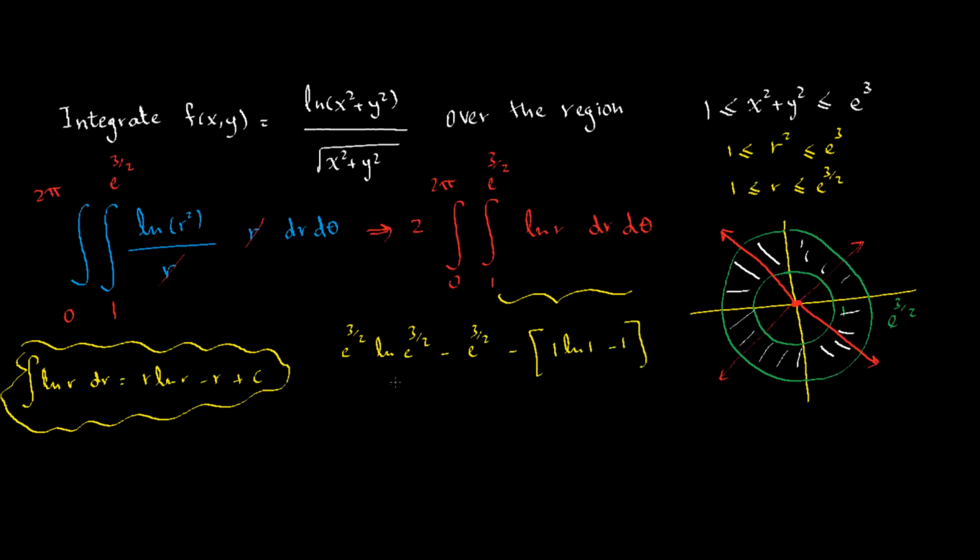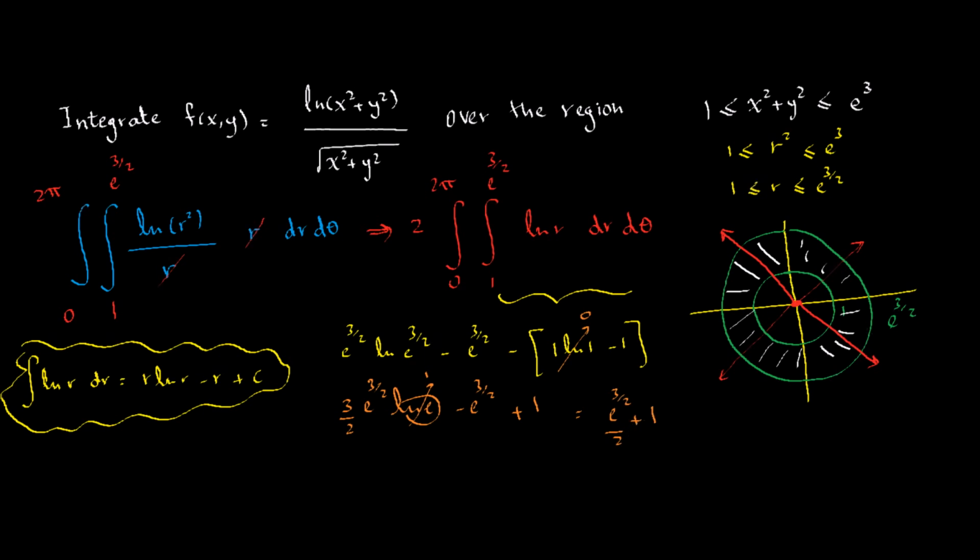So if we simplify this, of course we can take this e to the power 3 over 2 and rewrite it as 3 over 2, e to the power 3 over 2, natural log of e, minus e to the power 3 over 2, minus, of course natural log of 1 is equal to 0, and we have minus negative 1, which is positive 1. And the natural log of e is also equal to 1. So we have 3 over 2 minus 1. So we end up with 1 half e to the power 3 over 2 plus 1.